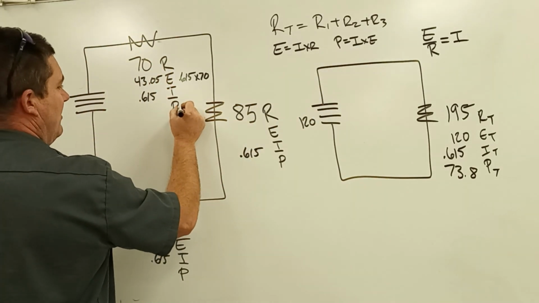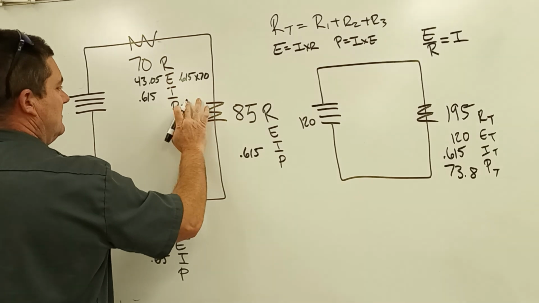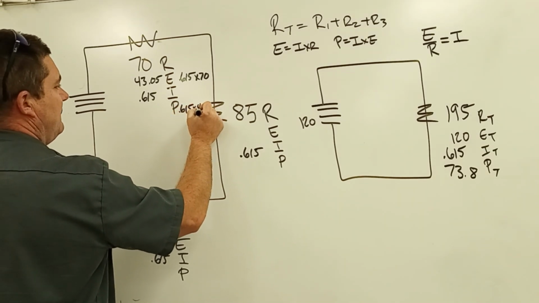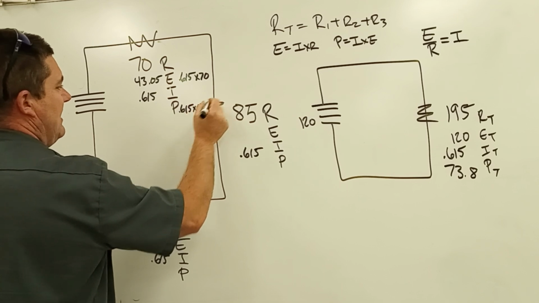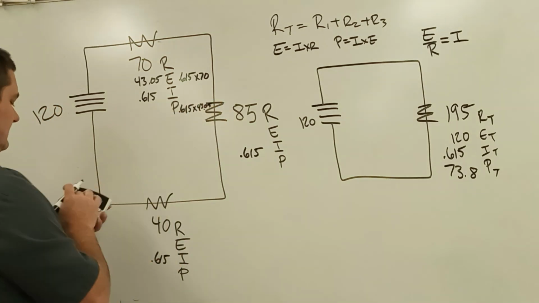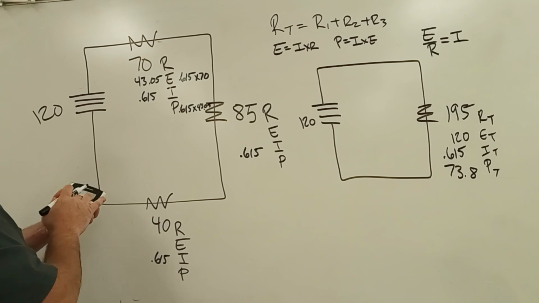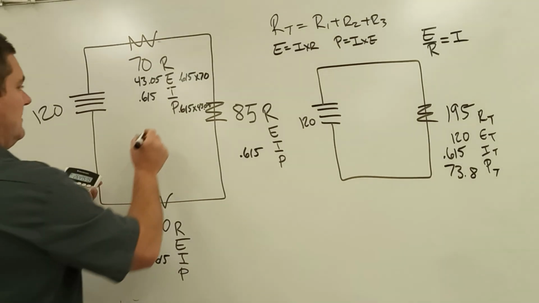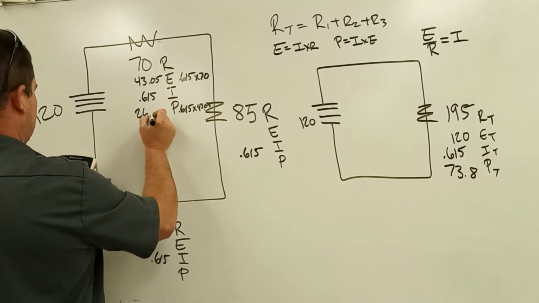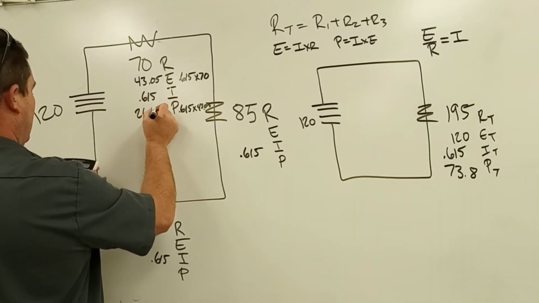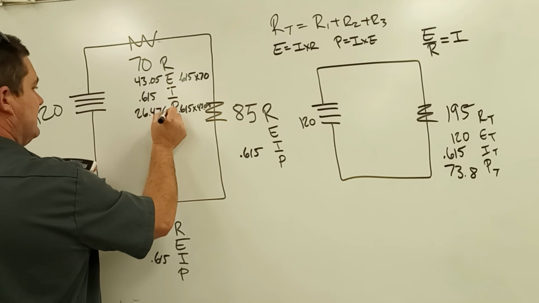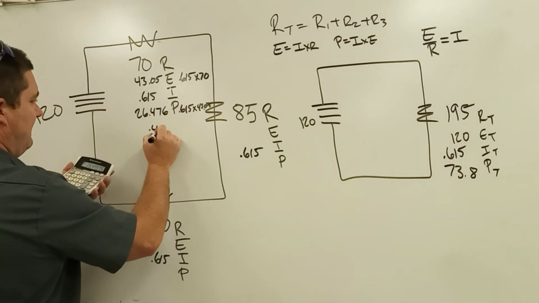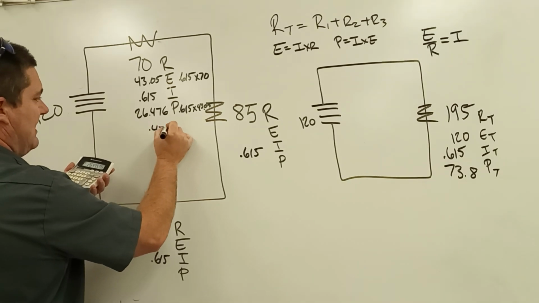So 0.615 times 43.05 equals 26.476, and I rounded it because it was 0.4757.